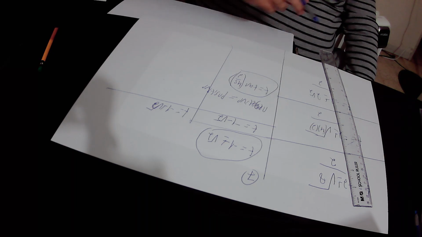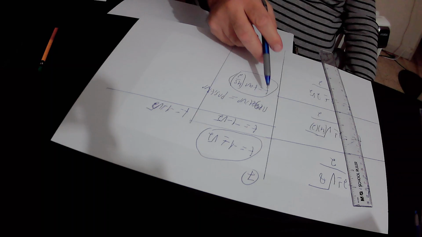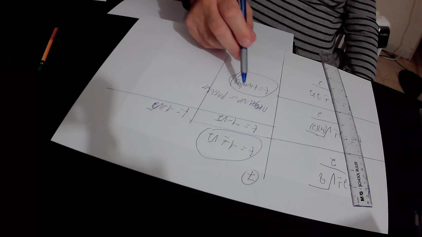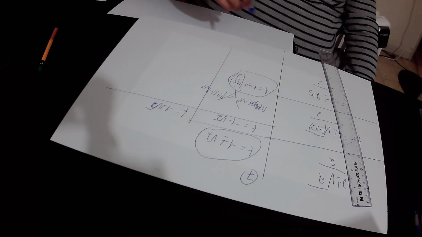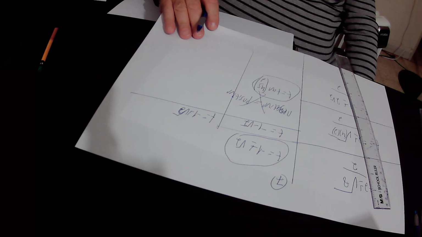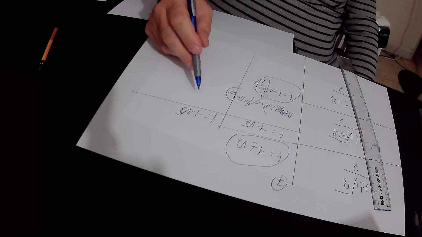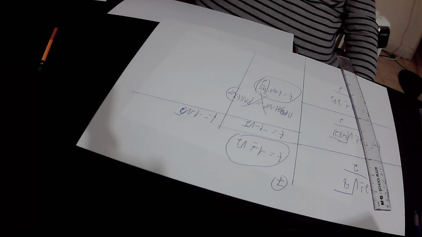T cannot be simultaneously a negative number and a positive number. A negative number can never be equal to a positive number. So we have a contradiction. We cancel the solution, and we have to live with the second solution that is possible for t. That is to say t equals minus 1 plus square root of 2.